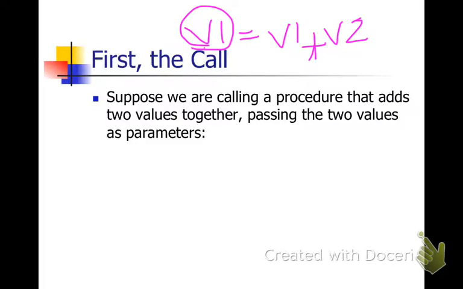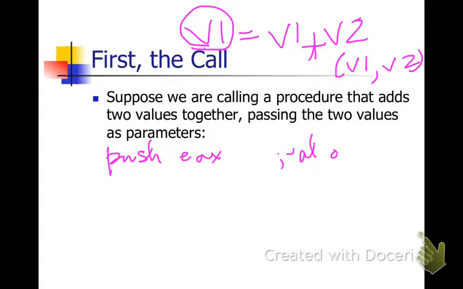Well, to do that, if I'm passing those two, the call is going to have a parameter list that says v1, v2. I'm going to push v2 first. v2 is getting pushed by value, so let's say v2 happens to be in EAX. Okay? And that gets the value of v2 on the stack. And then I need to pass v1 as a reference parameter.